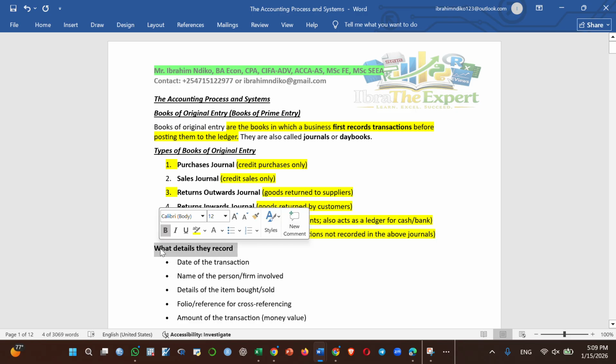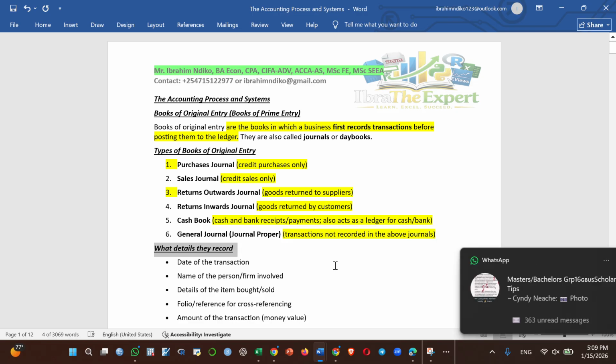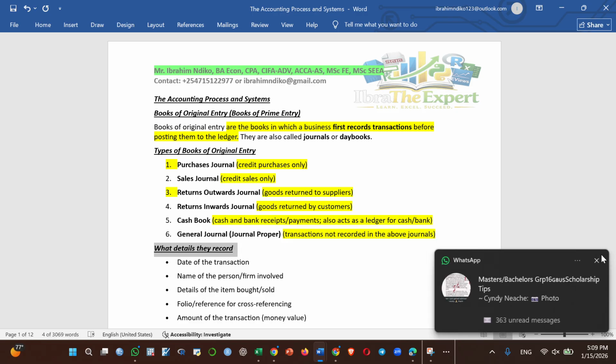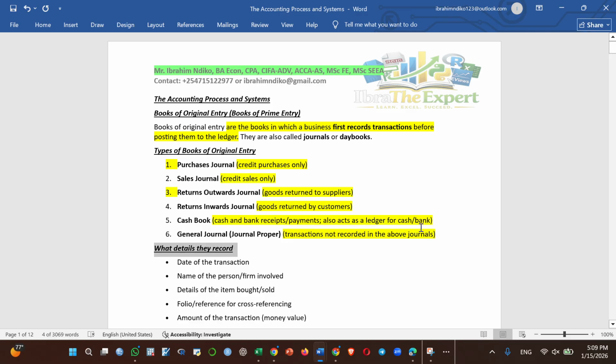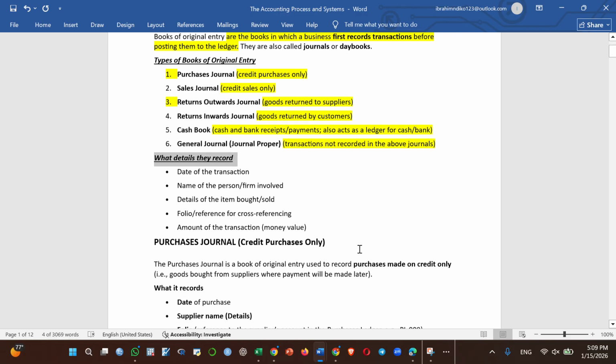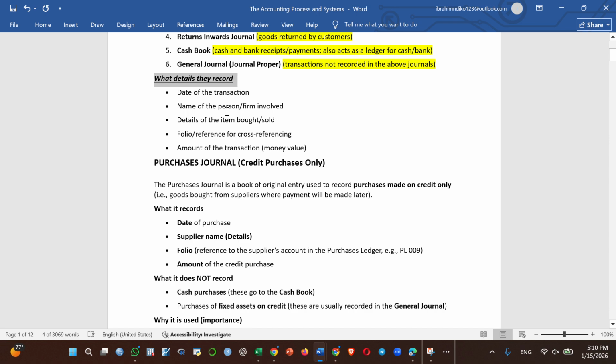Good. So let us see what details to record when using this book of original entry. What details are we supposed to record? Number one, the date of transaction. This one is very important.